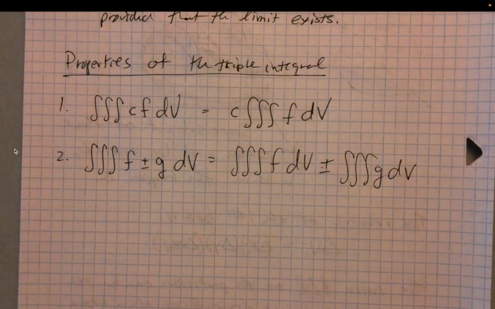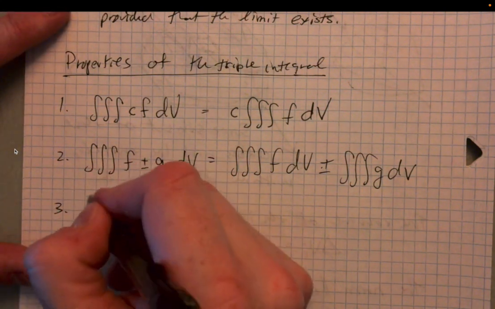And then the other one is this idea of taking the region Q and breaking it into 2 or more pieces and then just separately integrating them and then adding the result. That works for triple integrals as well.